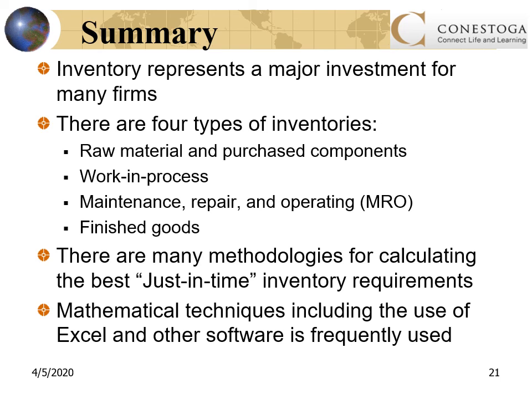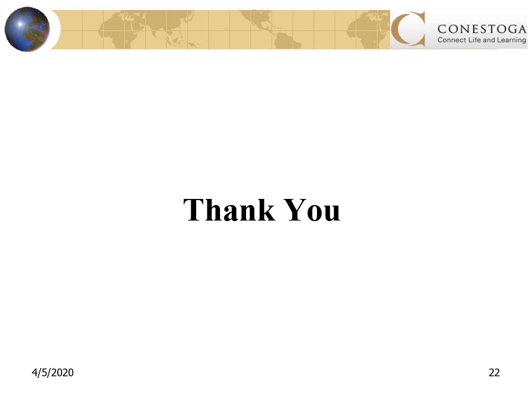There are other methodologies for calculating the best just-in-time inventory requirements which we haven't seen yet. Normally there are multiple software packages available for calculating inventory. We looked at the most elementary one, the economic order quantity model. That's it. Thank you guys.